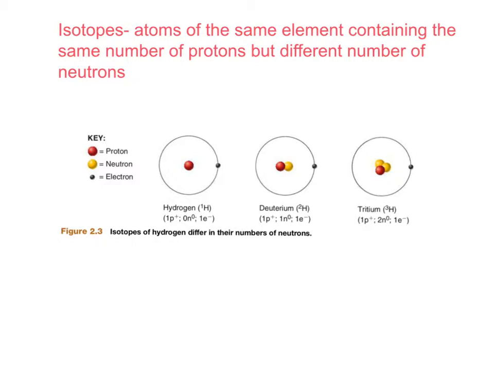If you notice, they have the same number of protons, meaning one proton in the nucleus, but they have different numbers of neutrons. Hydrogen 1 does not have any neutrons. Hydrogen 2 has one neutron, and hydrogen 3 has 2 neutrons, but they all contain one proton. Many isotopes have radioactive nuclei, which means that they begin to disintegrate and give off radiation.